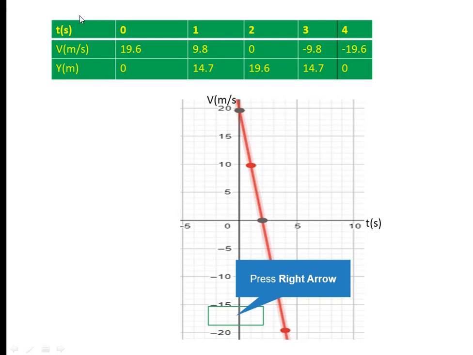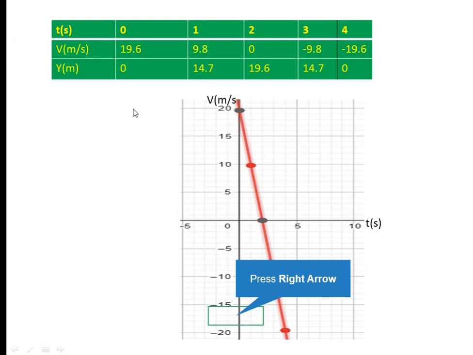At t4, the velocity is minus 19.6 and the position is 0. The object at t4 comes to its starting point, since the velocity in magnitude is the same as the initial velocity and the position is 0. It comes to the ground.